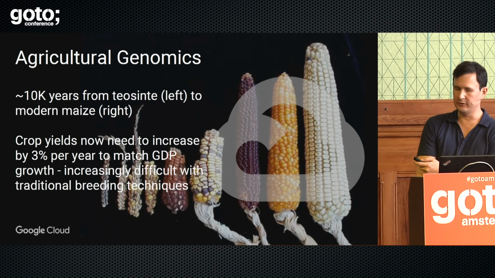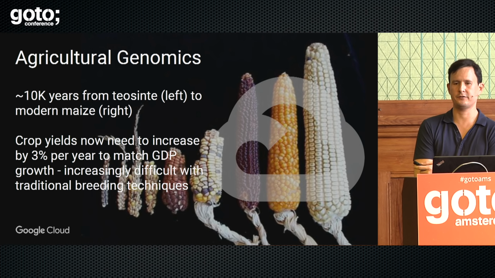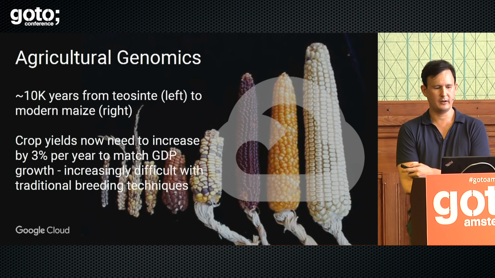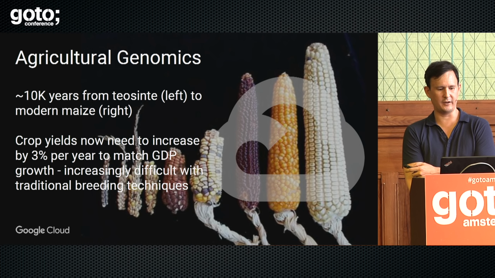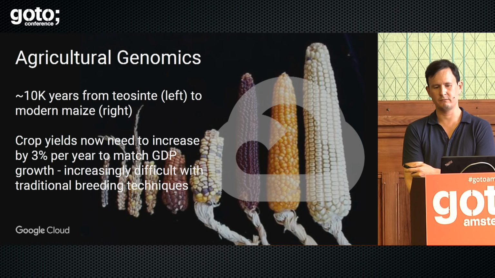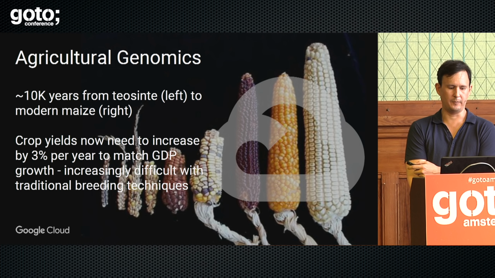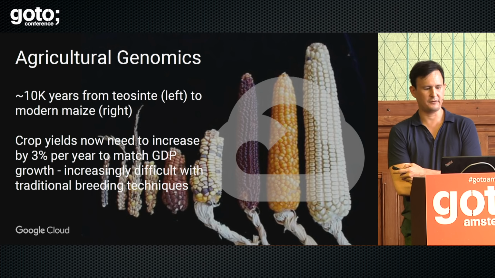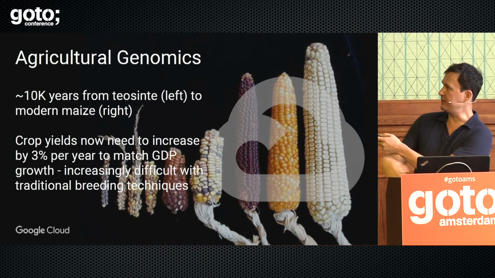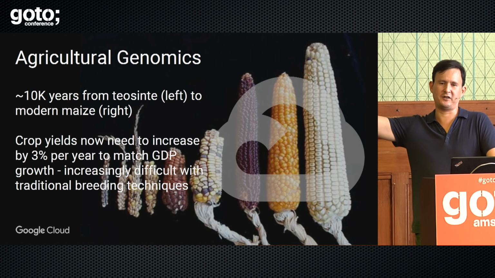This figure I'm showing you here is a picture of some corn on the far right. That's the modern corn. Over the last 10,000 years, that was developed from the thing on the far left. This is a time series, basically. So there was some selective breeding that was done where humans saw this thing, were able to eat some seeds from the thing on the far left, and liked it.